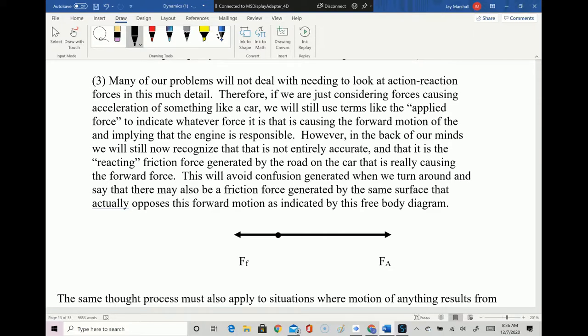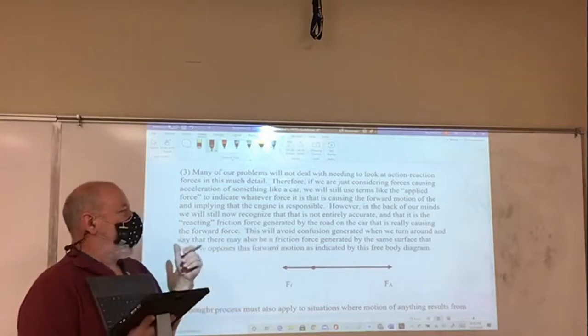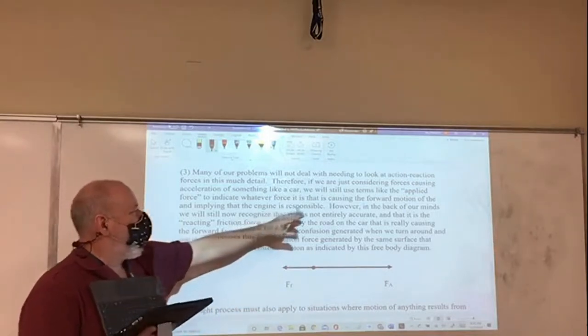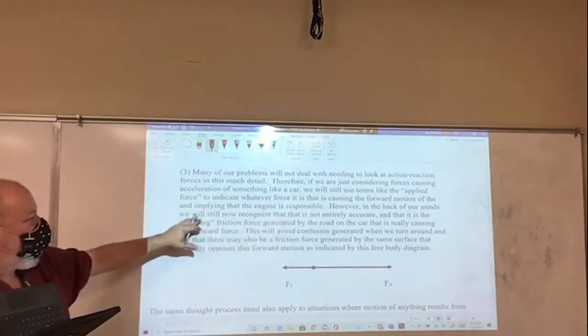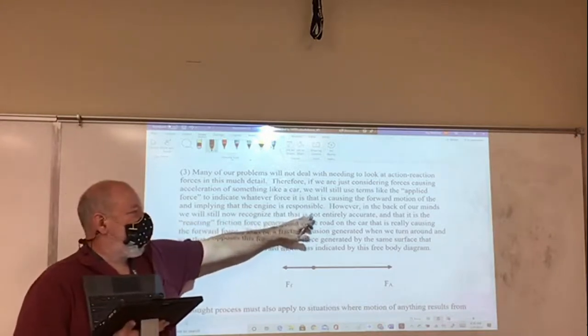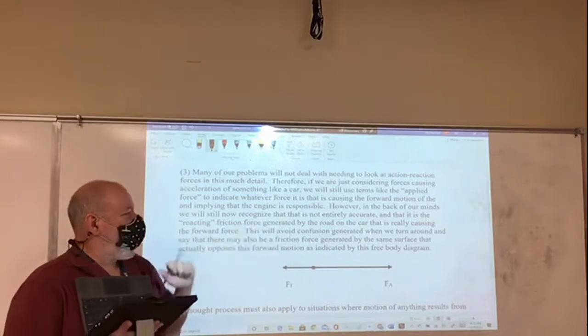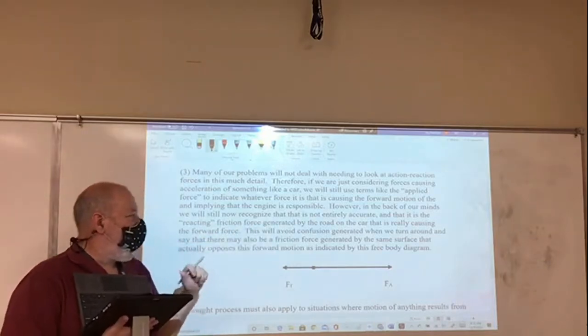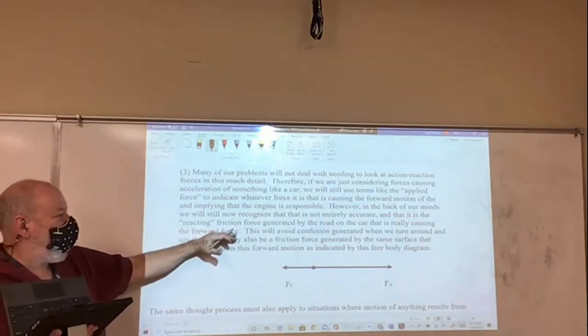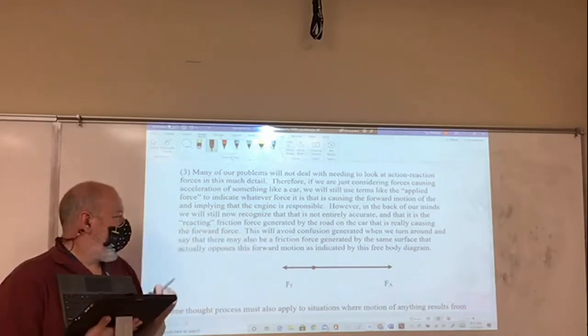There is an applied force that's causing the car to accelerate. However, in the back of your mind now, you should still recognize that this is not entirely accurate, and it's the reacting friction force generated by the road on the car that's causing the forward force. Okay?